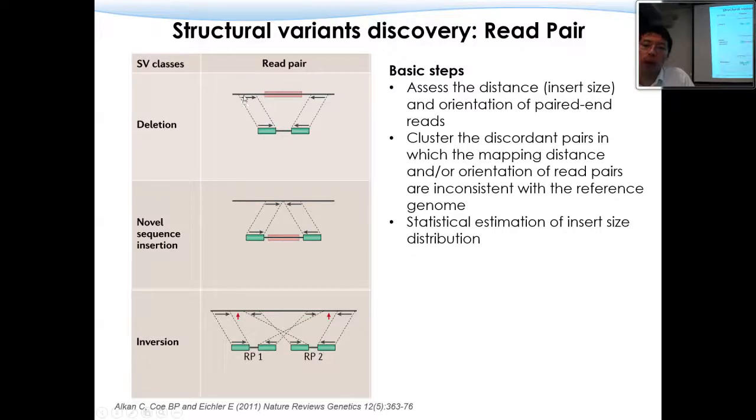normally we will see that the distance between these two will be about 500 bases, right? It cannot go too far away or too small. I mean, you can have a certain type of variability, but it cannot be like 3,000 bases away, because that's not how the experiment was done. But in this case, if you map these reads back to the genome, and one end mapped to here, the other end mapped to here, and then you found out these two ends, their distance is actually 5,000 bases.